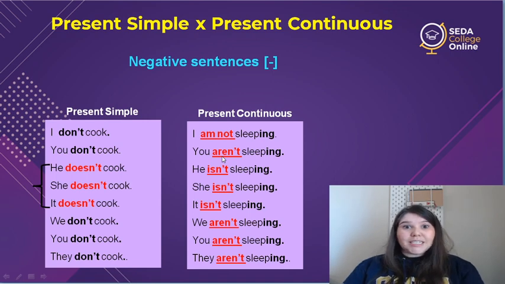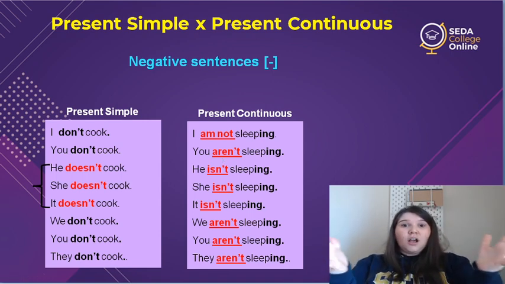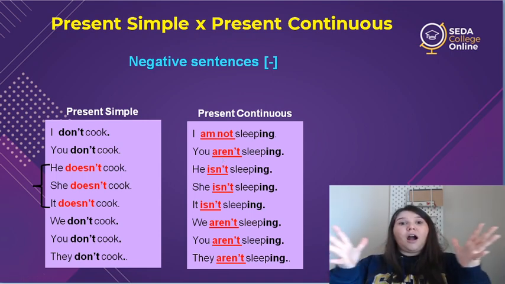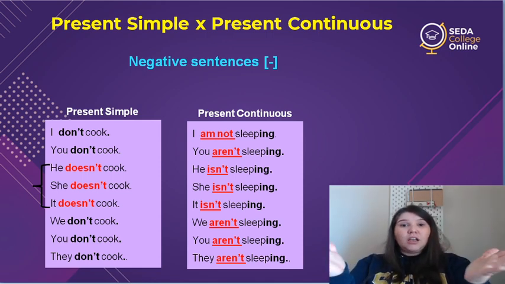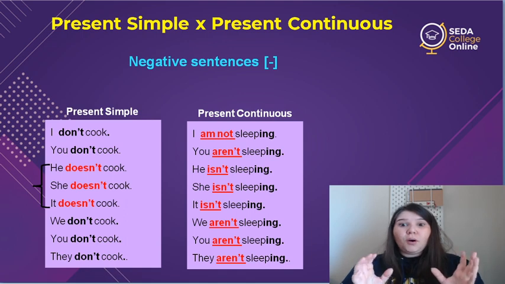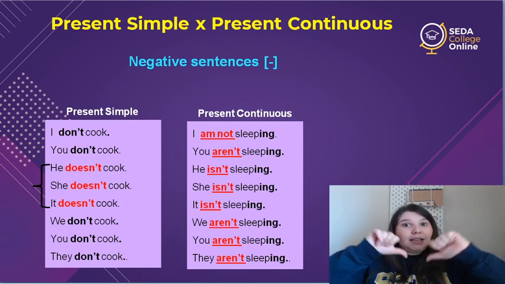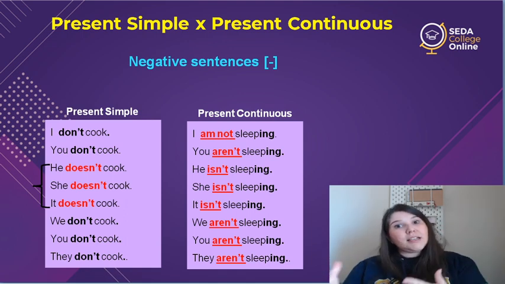Remember that aren't is the same as are not contracted together. He, she, it, we use isn't. So isn't is the same as is not contracted together. Okay? Alright? So important. Verb to be in the negative plus ing again.